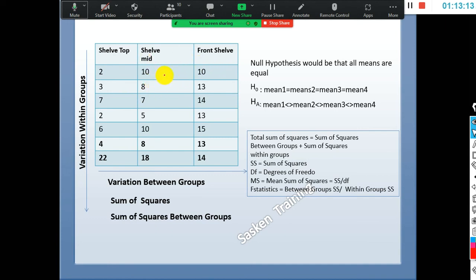I want to find out whether the amount spent by the customers in all the 3 locations is the same. I want to find out if the average amount spent by the customer is the same across all the groups. Let's assume this is Bangalore, this is Chennai, and Hyderabad.